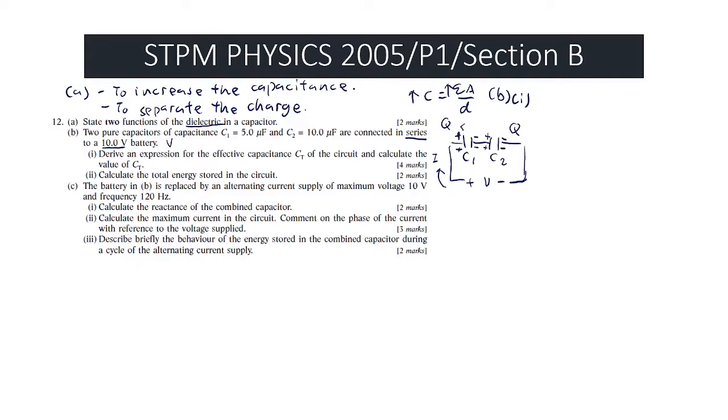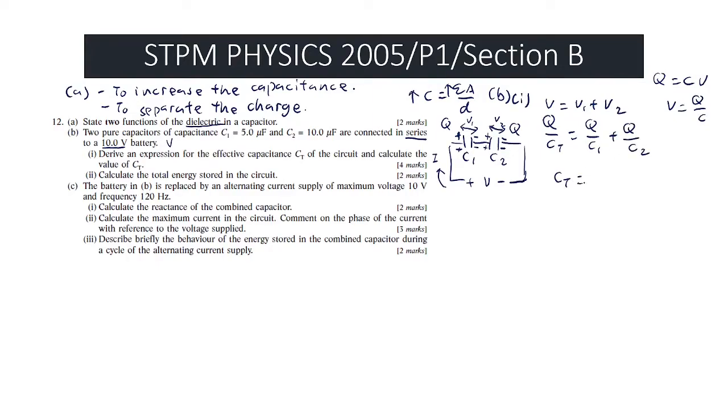And now let's say we have a voltage across C1, V1, and voltage across C2, this is V2, which is provided by this V. So V equals V1 plus V2, and Q equals CV, so V equals Q over C. We substitute inside, in this case Q over CT is equal to Q over C1 plus Q over C2.